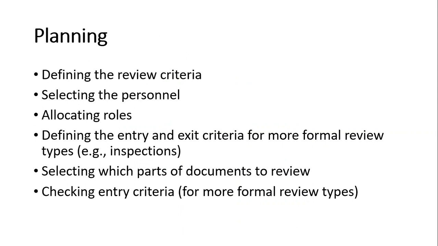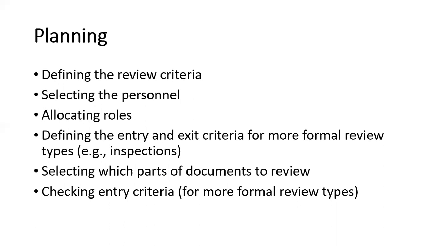The starting point is planning. As the word suggests, we simply plan the entire review process. In there, we will define the criteria, the conditions of the review, and we will select who is going to be on the review panel, and whose code or documents are going to be reviewed.